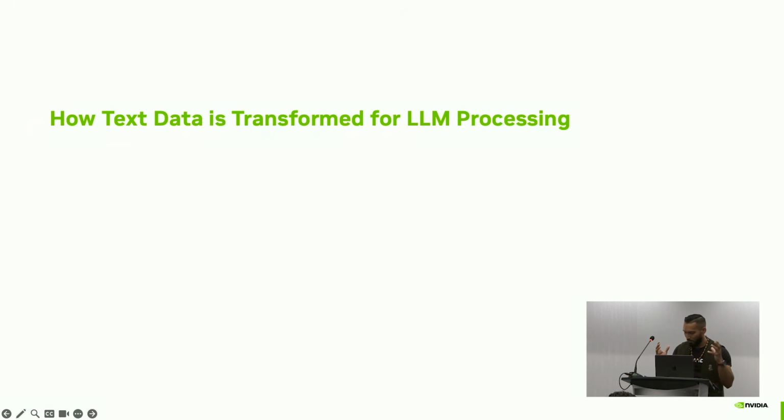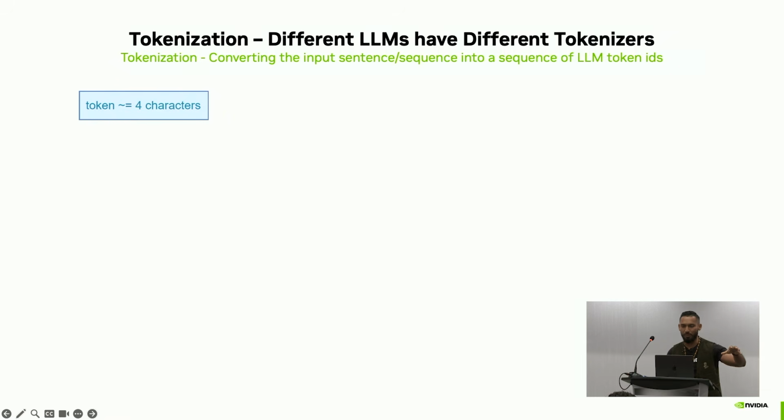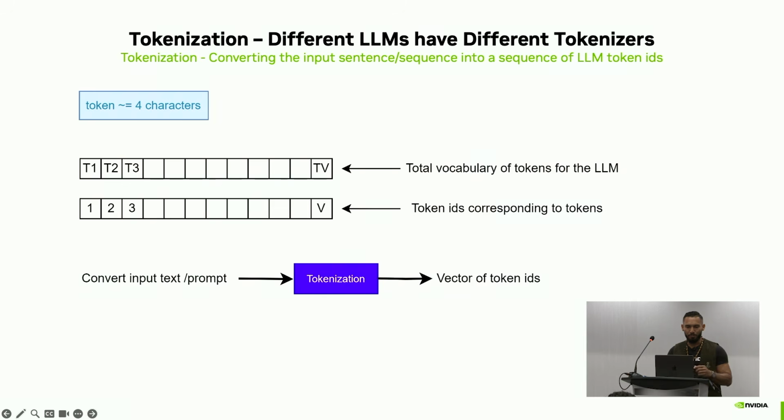All right, so the other thing I want you to visualize is the actual data that sits on the GPU. First, a token is approximately 4 characters. That's a nice way for you to think about it. From here, I have 2 vectors. The first vector is just showing token 1 through token V, where V is the total number of tokens in my tokenizer.